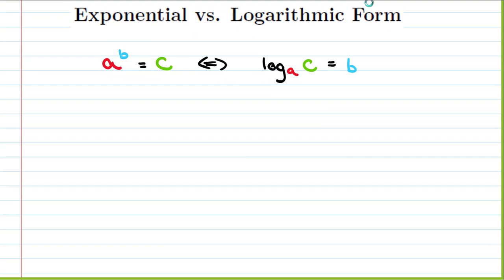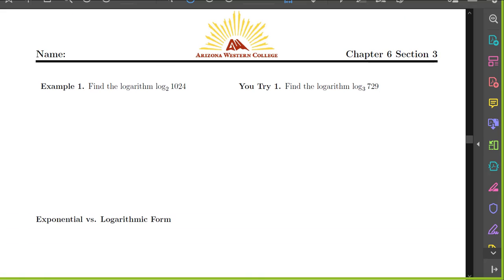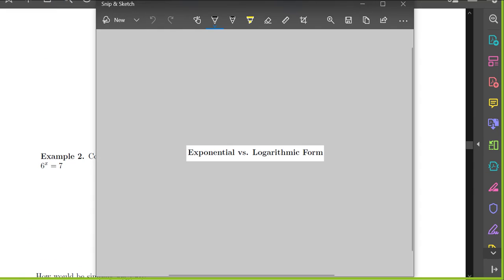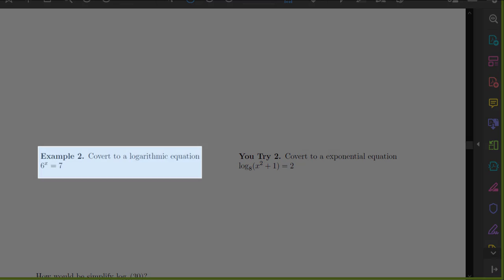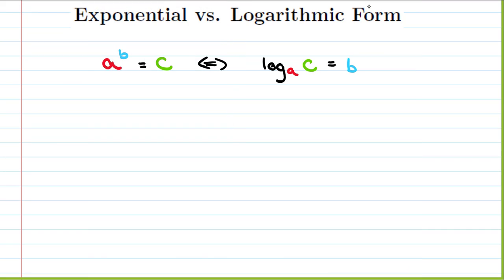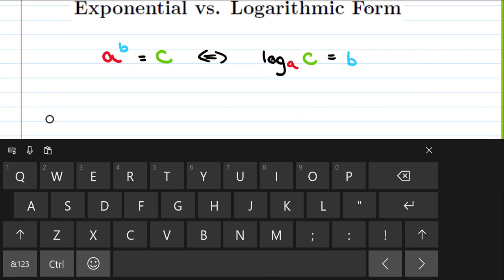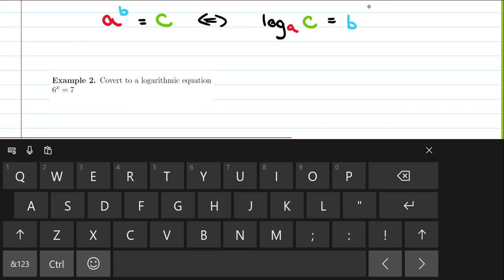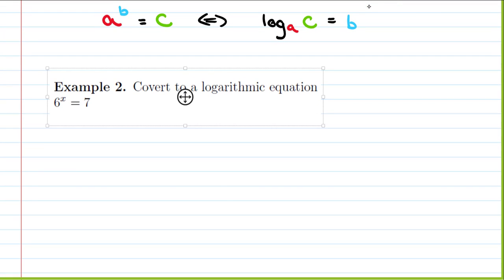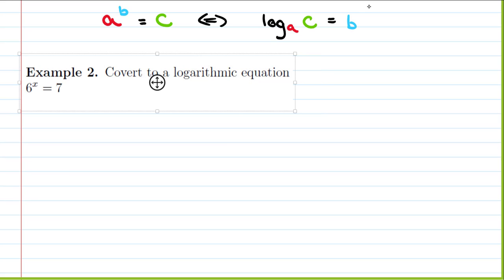All right, so let's take a look at example number 2. So we wish to convert the following to a logarithmic equation. So one thing we want to take note of, the x is in the exponent.